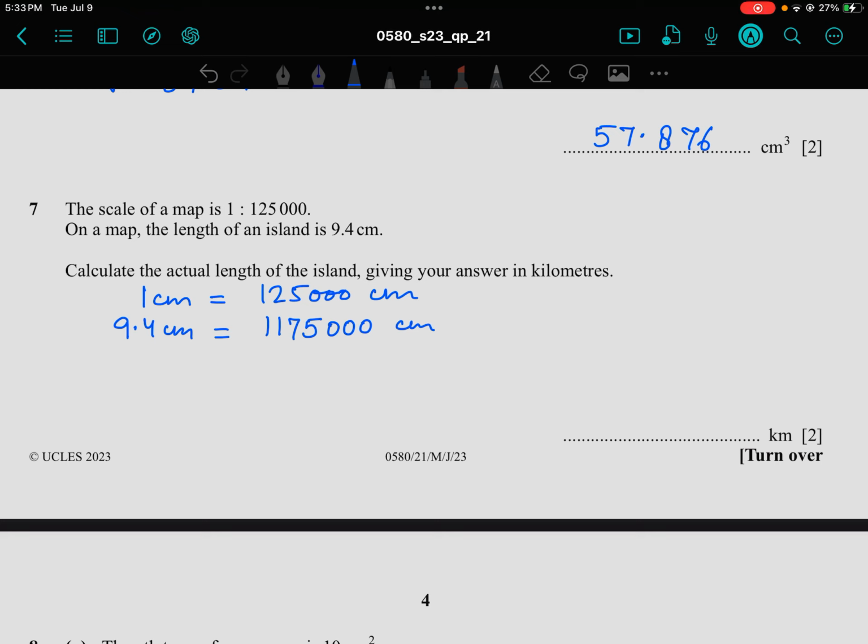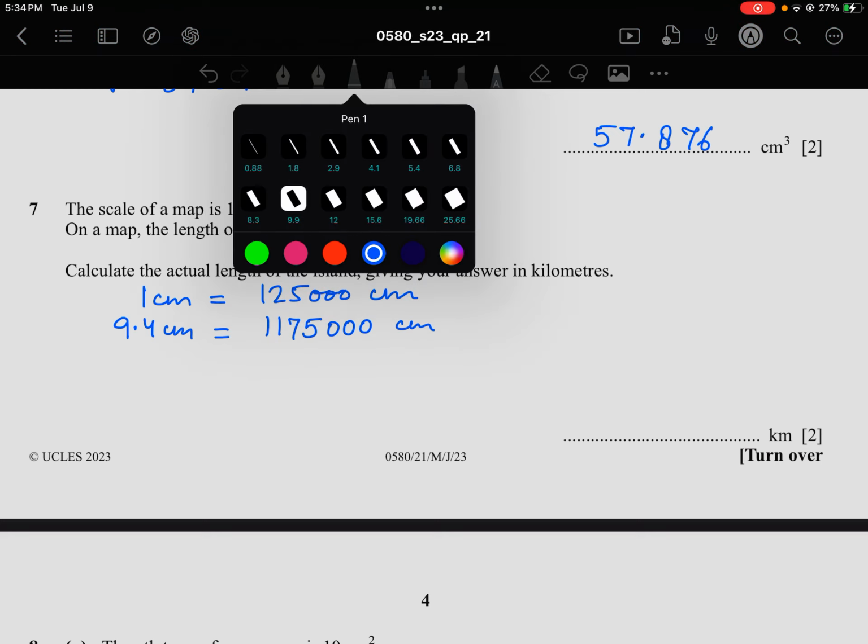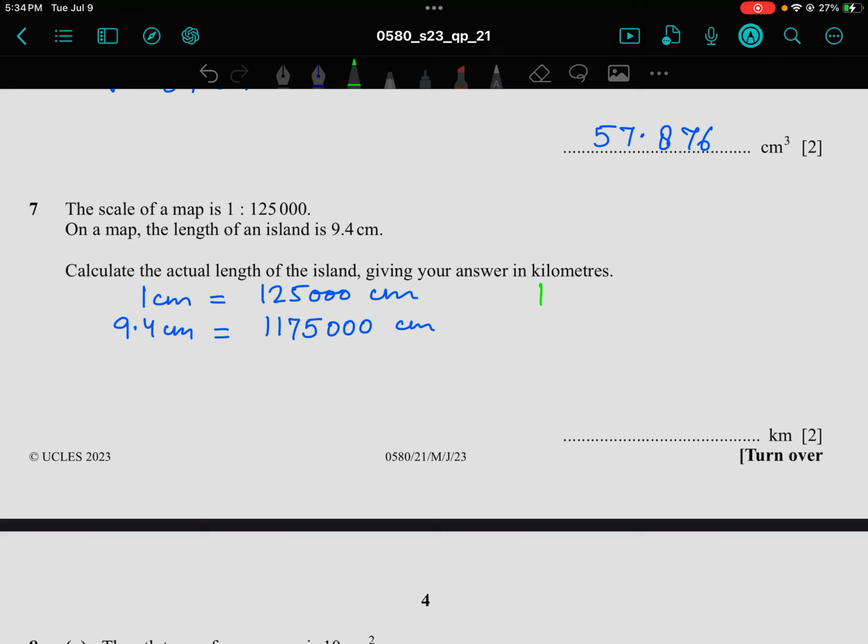We know 1 kilometer is equal to 100,000 centimeter. So to change this centimeter into kilometer, we divide it by 100,000.